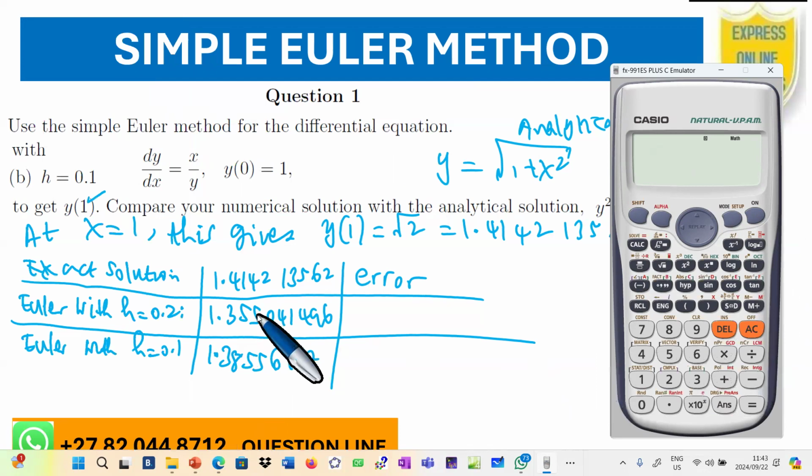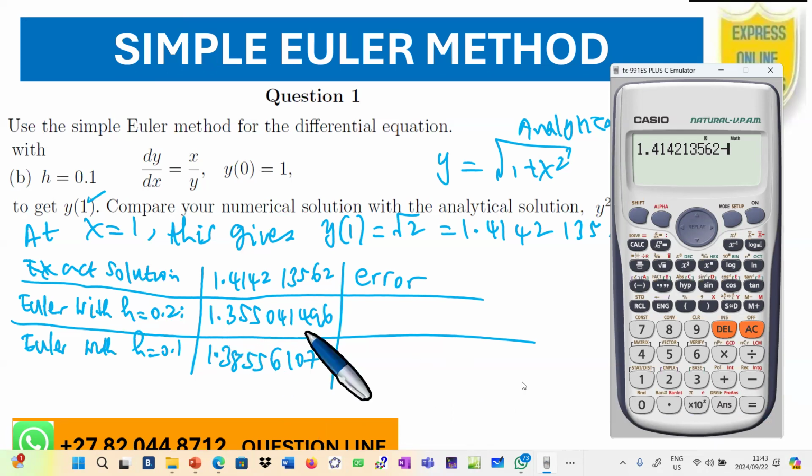But if the exact solution is the one we get from the analytical equation, we have 1.41421356. We subtract.